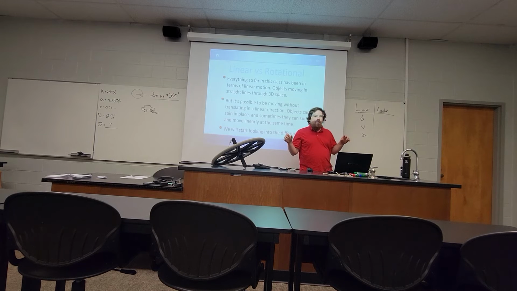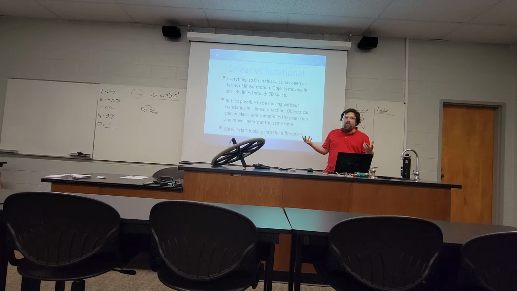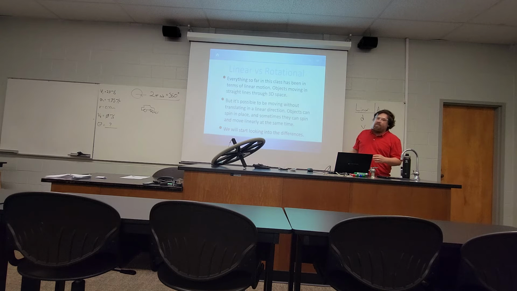When I say linear, I'm referring to the stuff we've already done. Linear refers to classic straight line, displacement, velocity, acceleration, and everything tied to them throughout this course. We're now going to begin looking at and comparing rotational variables to those linear ones that we've already covered.